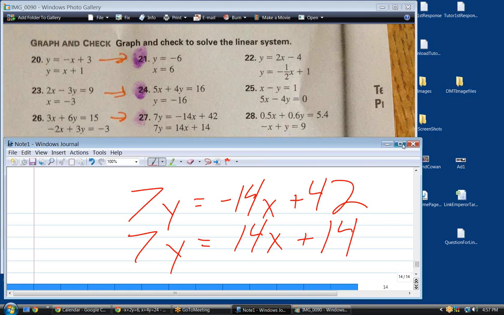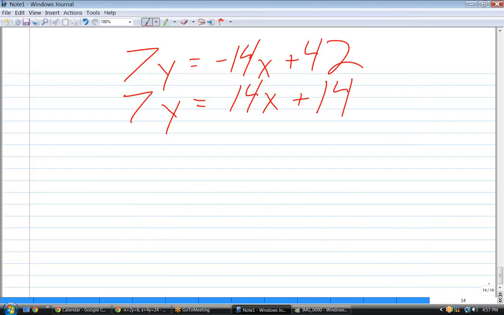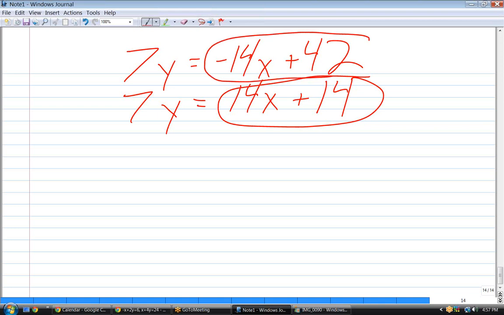Okay? Well, if 7y equals this, and 7y also equals this, then I can say that that equals that. Has to. They're both the same y. So I'm essentially doing this by substitution.